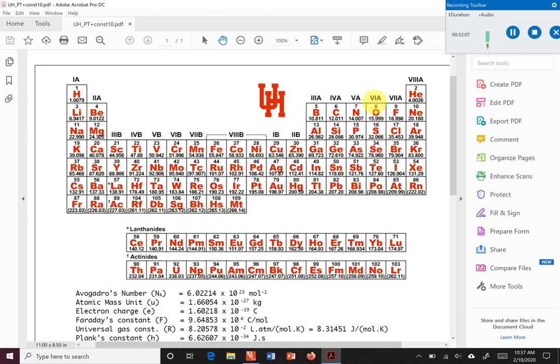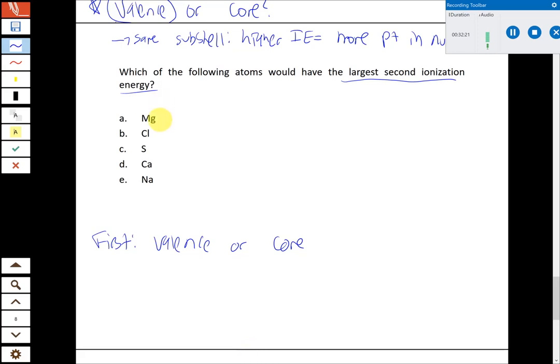Sulfur has 6 valence electrons, it's in group 6. Chlorine has 7 valence electrons, it's in group 7. So they have way more than one valence electron. So the second ionization would still be involving valence electrons for those. So basically these first 4 choices are all valence electrons for the second ionization energy. They all involve removing valence electrons.